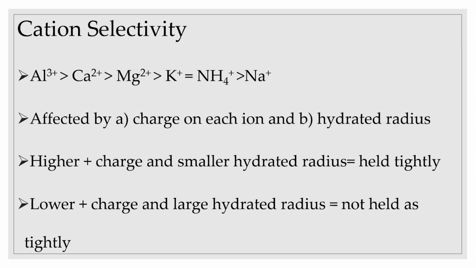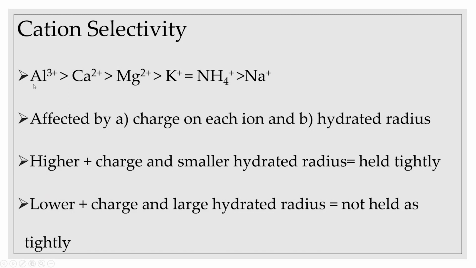Again, back to our lyotropic series. We've been over this before. This is going to be the strength of adsorption to our soil colloid. And this is going to be affected by the charge and the hydrated radius. So the greater the charge and the smaller the hydrated radius, the tighter that cation is held to that soil colloid.